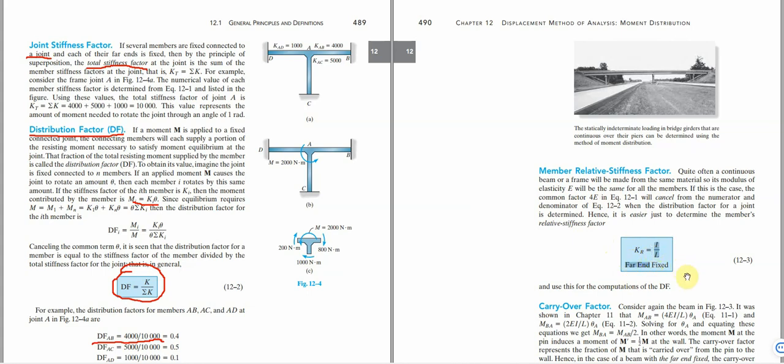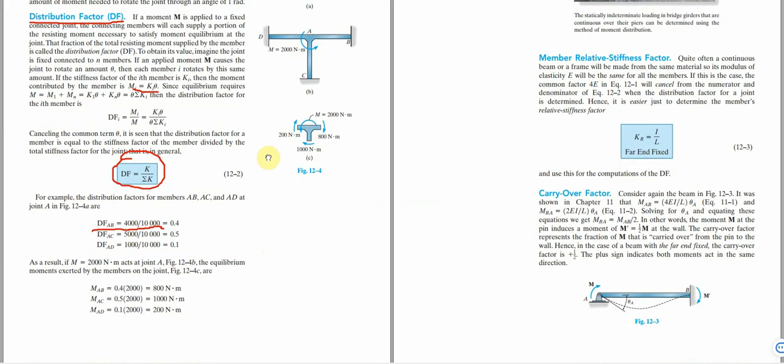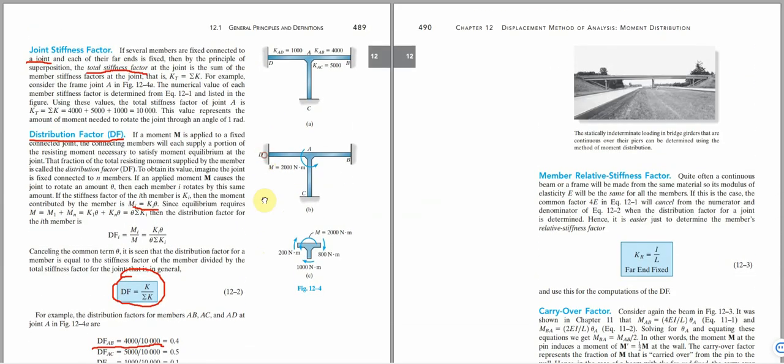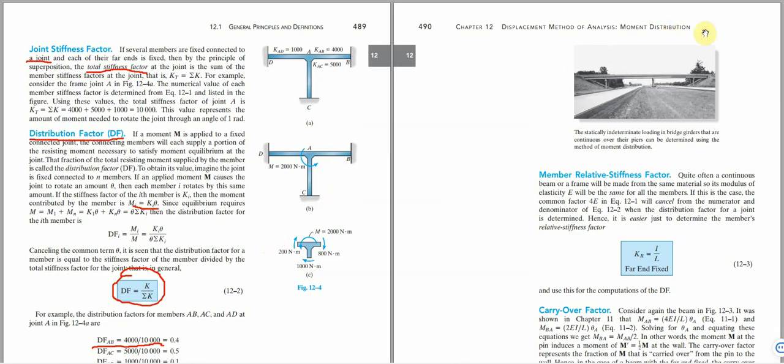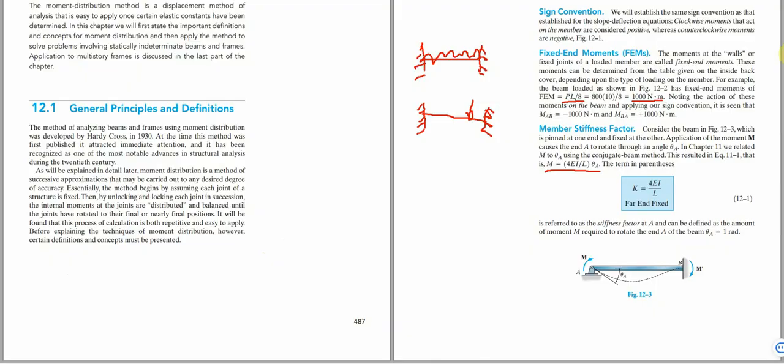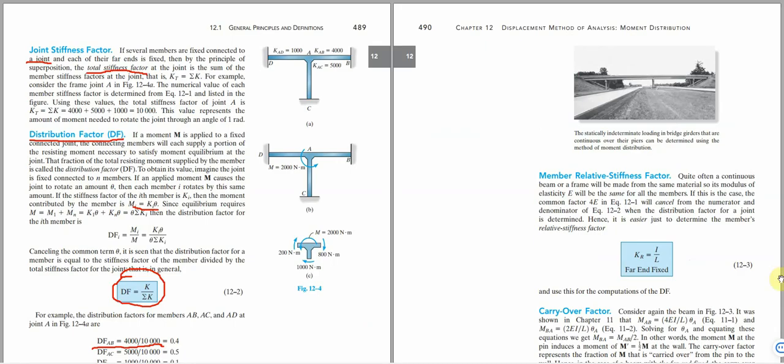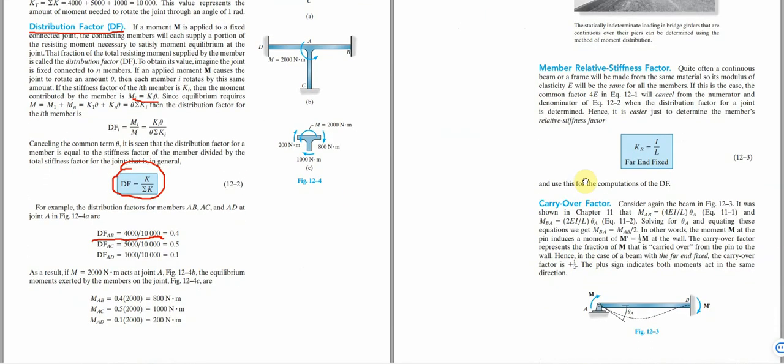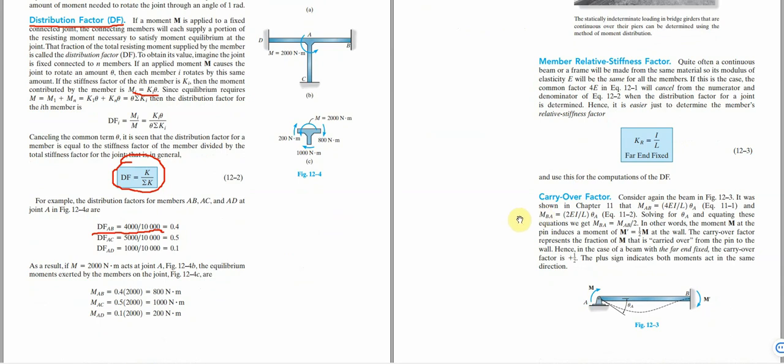Now, what do I mean by far end fixed? I'm talking about this far end that is fixed. That's far end fixed. Unlike the illustration we did the other time, where we have this particular end. This end is the far end fixed. So let me proceed to what I'm doing now. There's something we call carryover factor.